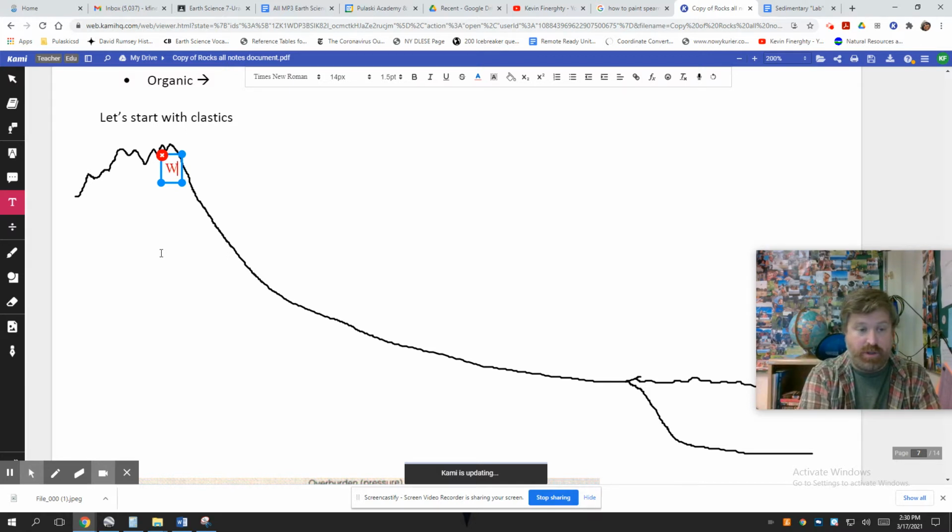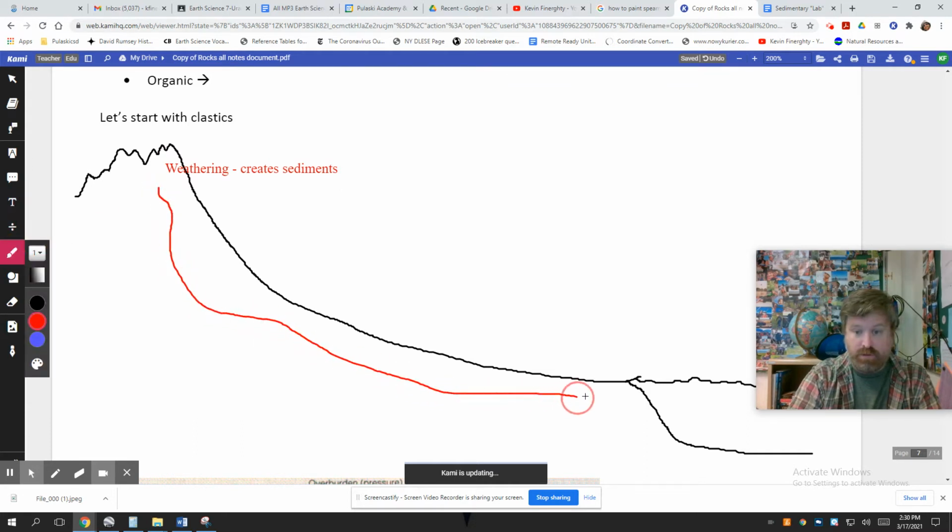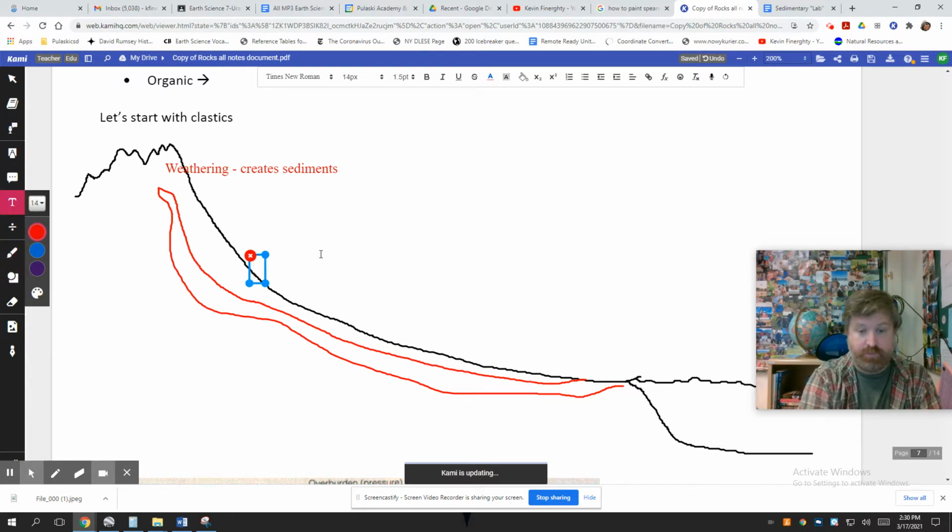Take exposed earth, put it through weathering, create sediments. And we can say, then those things flow into a river, which is red today for some reason. Erosion moves sediments.